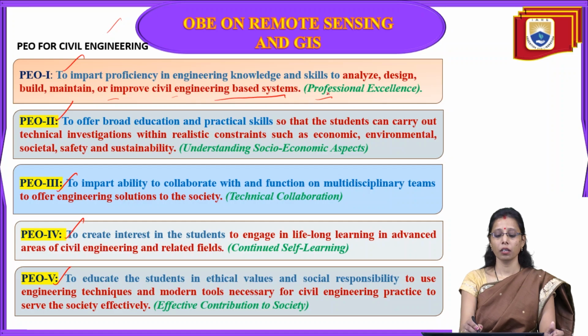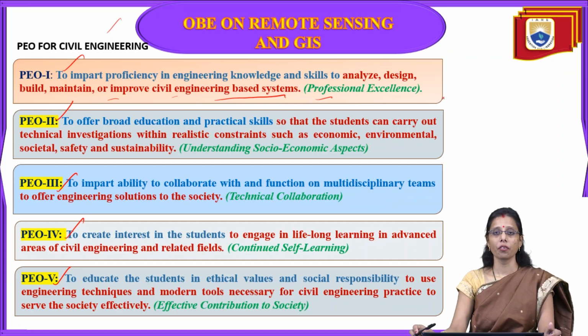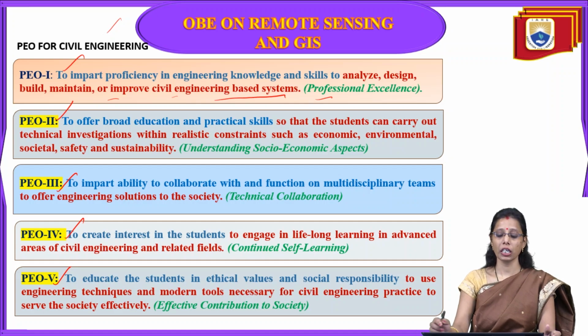Here the professional excellence will be seen. So the first PEO is to impart proficiency in civil engineering knowledge and skills, to analyze, design, build, maintain, and improve civil engineering based systems as a professional excellence.